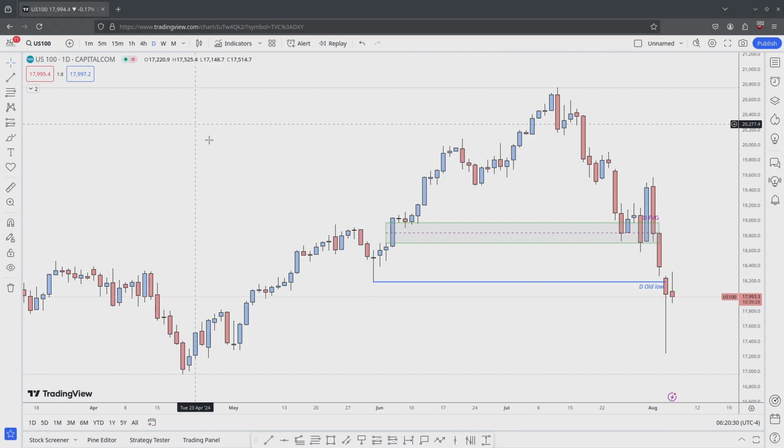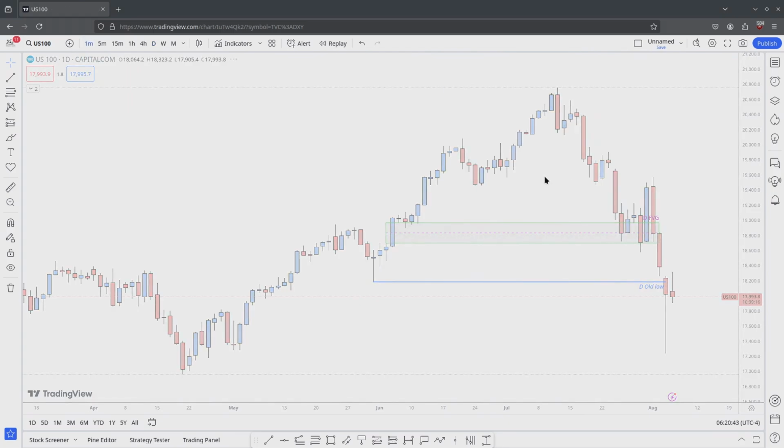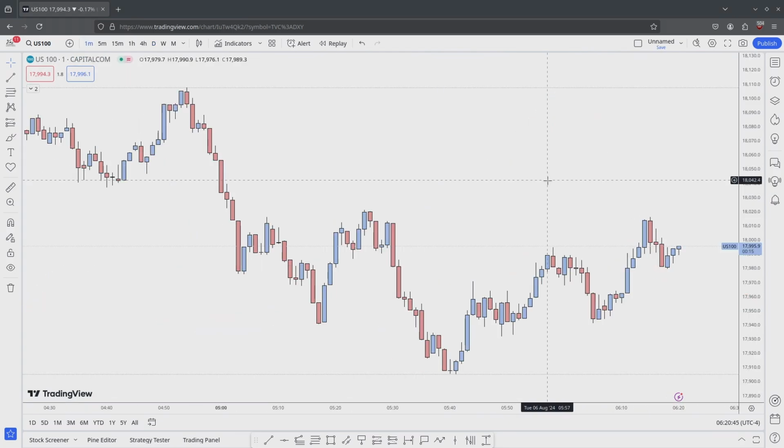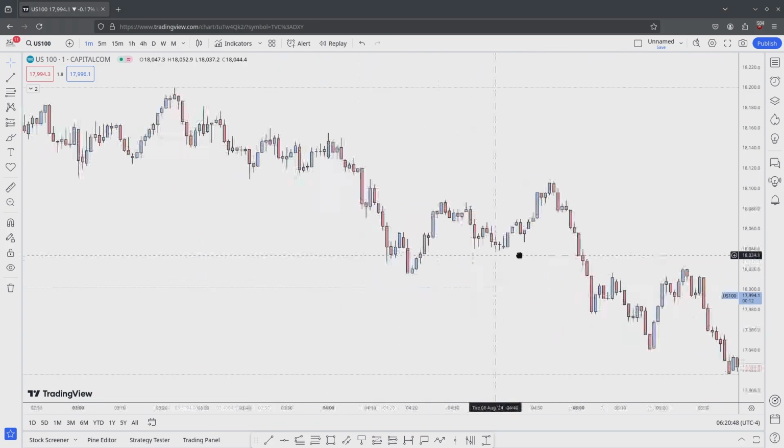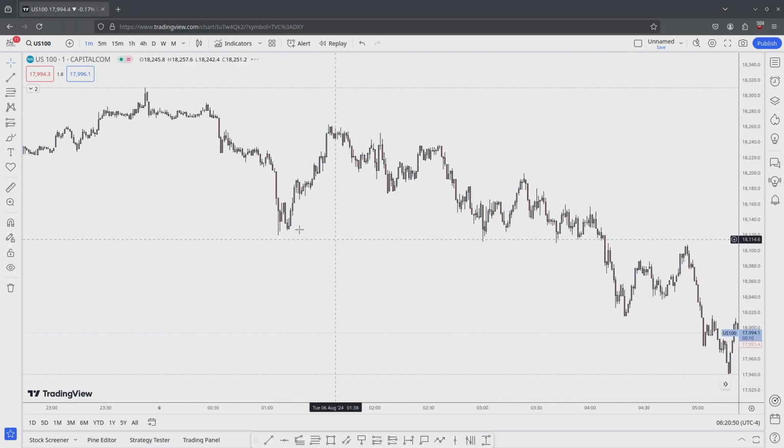So I'm not able to take any trades prior to that. I would have to look at taking something after the fact. So that would hold me back from taking anything prior to 8:30 or on 8:30.